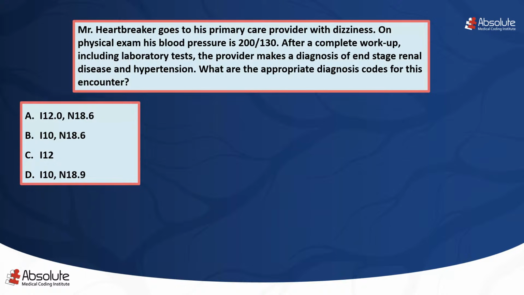What are the appropriate diagnosis codes for this encounter? Is it going to be A, I12.0, N18.6, B, I10, N18.6, C, I12, or D, I10, N18.9? I'll give you guys about a minute and a half, and good luck.